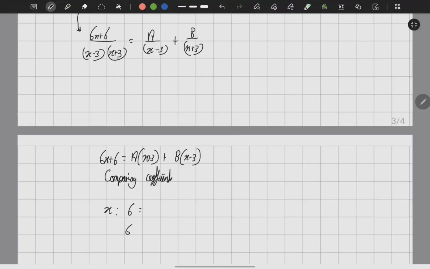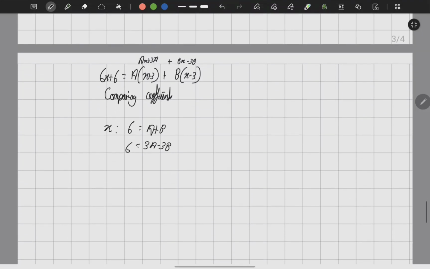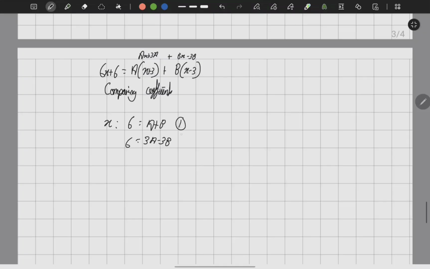So we can say 6 is equal to, if we expand this, ax plus 3a, and this would be bx minus 3b. So 6 is equal to a plus b, and the other 6, the constant, is equal to 3a minus 3b. We can divide equation 2 by 3.